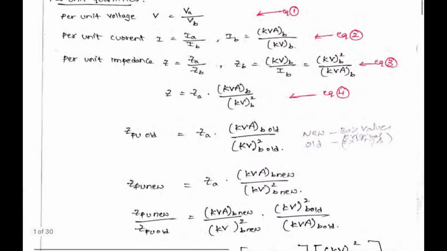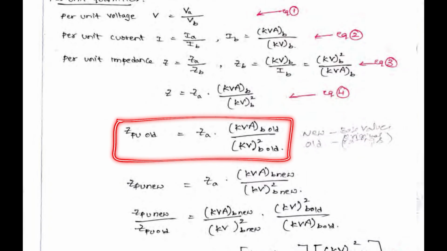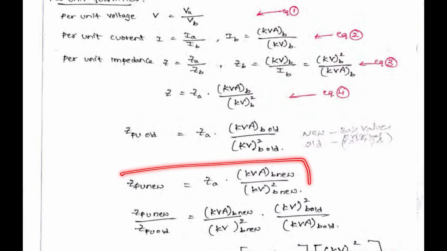So from this expression we are going to write it as Z per unit old equal to Z actual into KVA base old by KVB old square. So we are representing this expression in terms of old values and representing the same expression in terms of new values. What is the meaning of old values and new values?